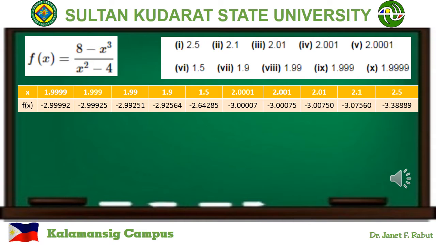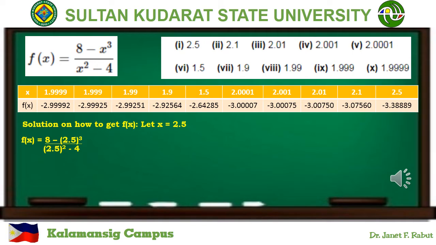For example, our x is 2.5. What is f(x)? From the original function, which is f(x) = (8 - x^3) / (x^2 - 4), we are going to plug in the value of our x, which is 2.5. So we have here f(x) = (8 - 2.5^3) / (2.5^2 - 4).